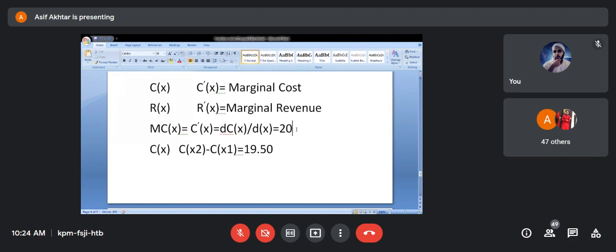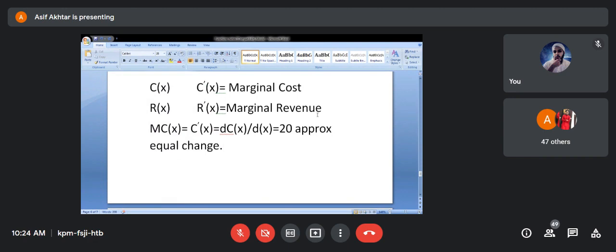Now let me clear this concept. According to the definition, the marginal cost which you are getting is actually approximately equal to the change. It may not be the exact value, it's an approximate value, but this approximation is quite near to the actual value.